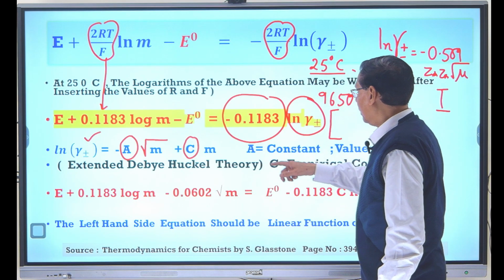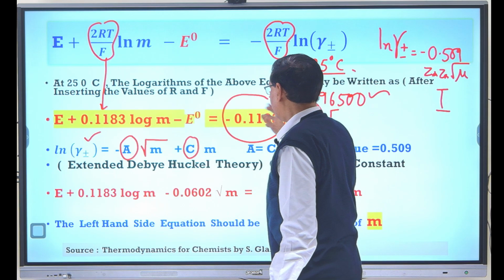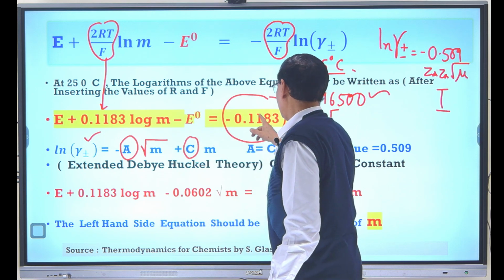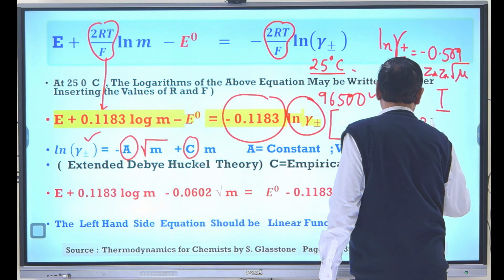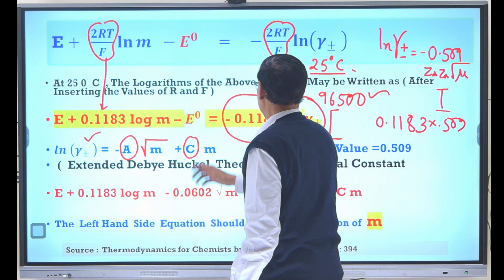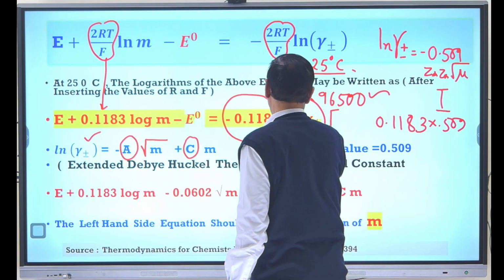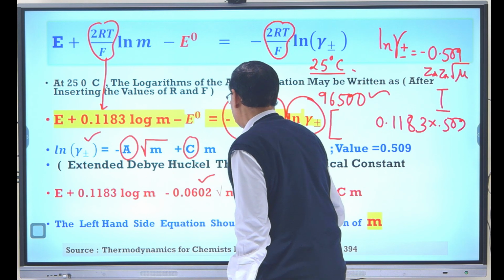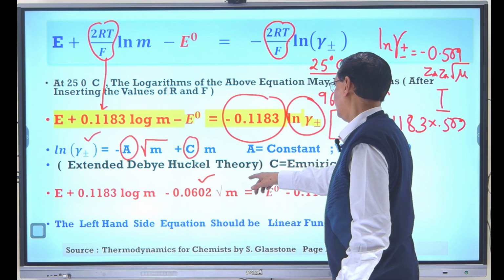But because here I am using 0.1183, it is multiplied by 0.509. So 0.1183 multiplied by 0.509 will give us 0.0602 under root of m.